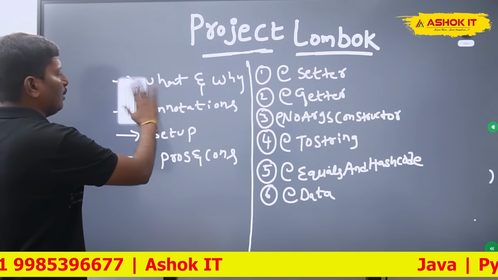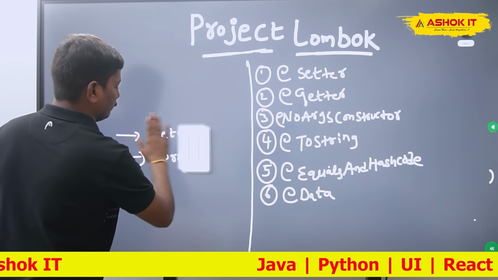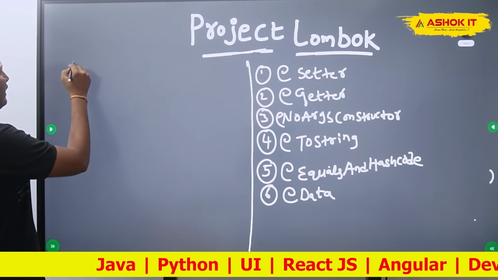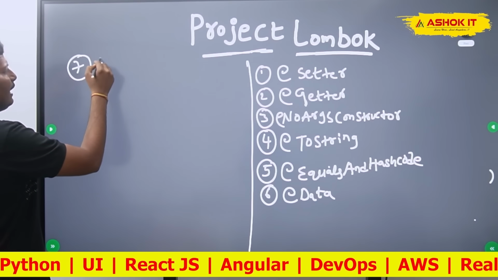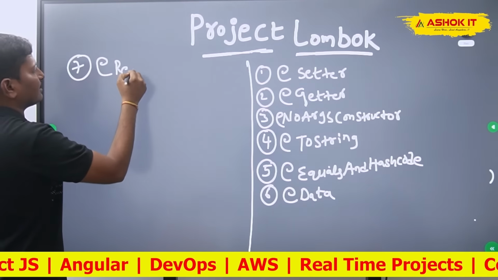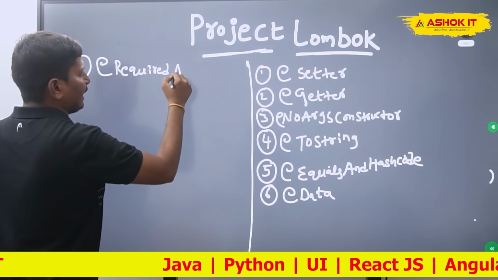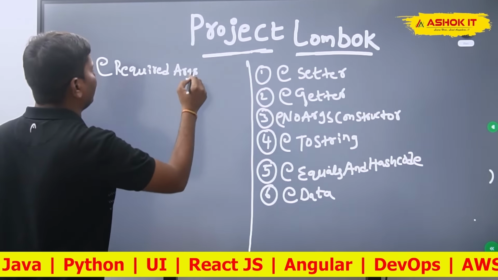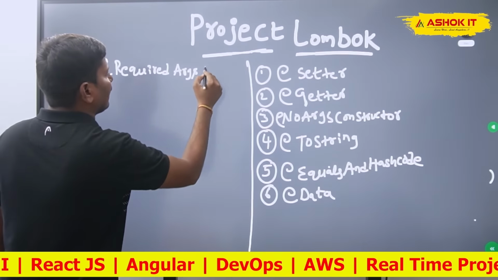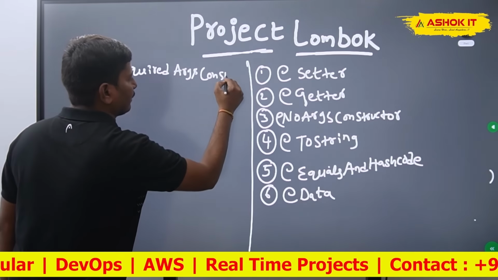Let us understand what are those annotations now. It provided an annotation called @RequiredArgsConstructor also. So if you want to use a constructor with specific parameters, then you can go for RequiredArgsConstructor.